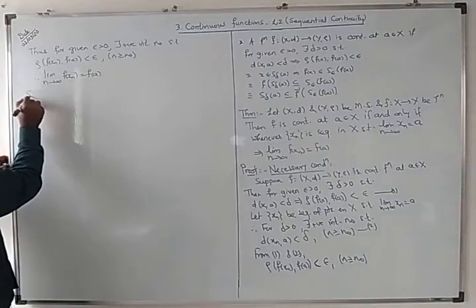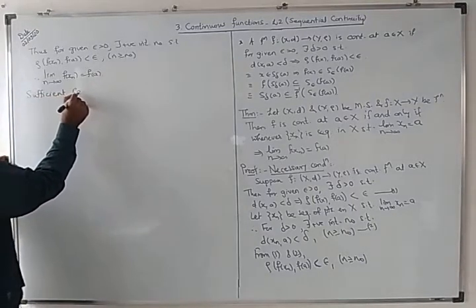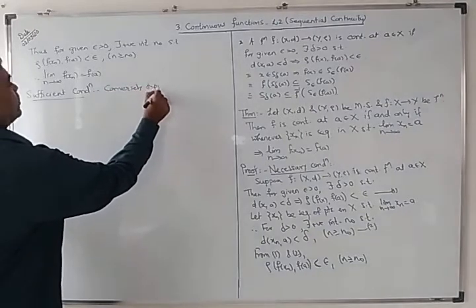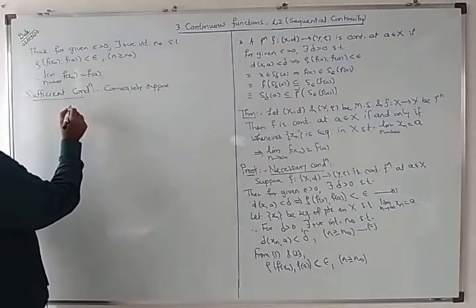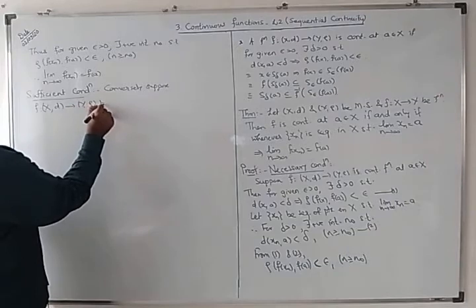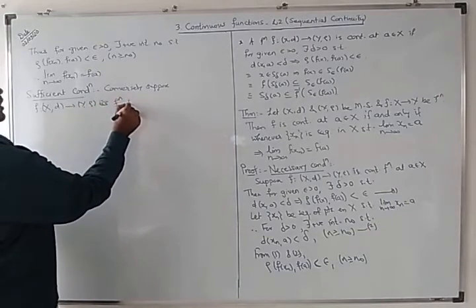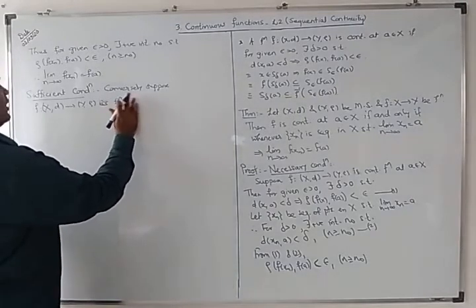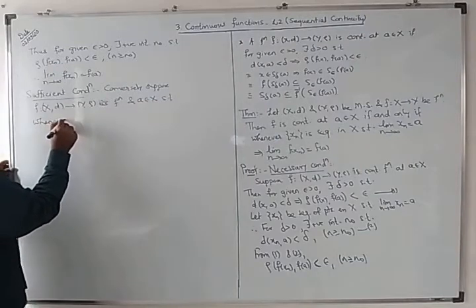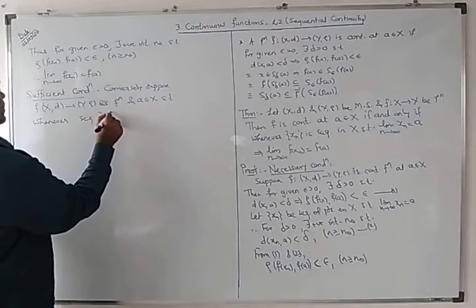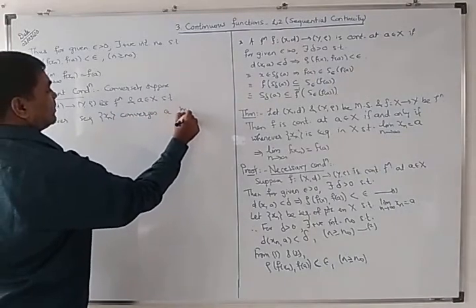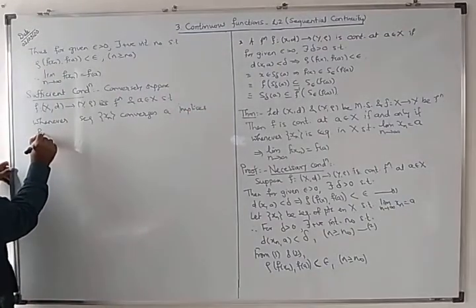Now the sufficient condition. Conversely, suppose f from (X, d) to (Y, rho) is a function and a belongs to X such that whenever a sequence x_n converges to a implies f(x_n) converges to f(a).